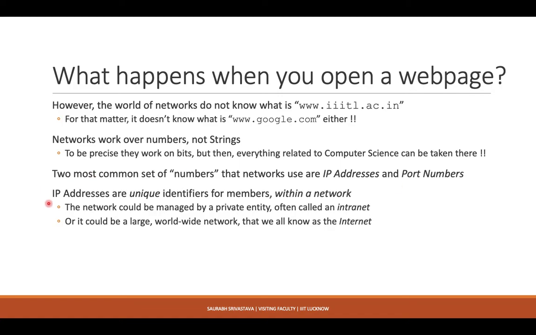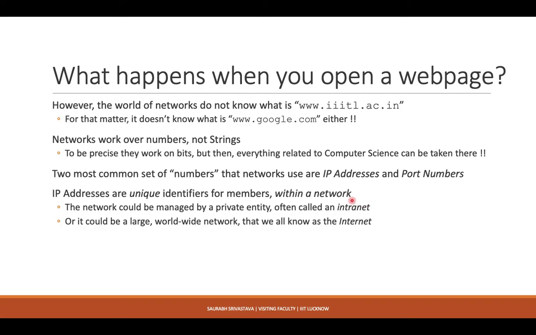And IP addresses, I think you already know about these things, but still I'm going to give you a formal introduction to them. Basically, IP addresses are unique identifiers for the members within a network. These members are part of a network. This network could be a local network. For example, let us say IIITL decides to create a lab, and you guys are sitting in that same lab, so they are basically nodes or systems added on the same network.